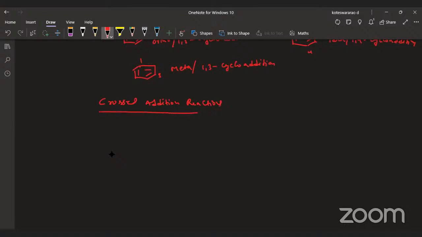In the cross-reduction reactions, we see like that. In the previous case, we saw that benzene generates the benzvalene.